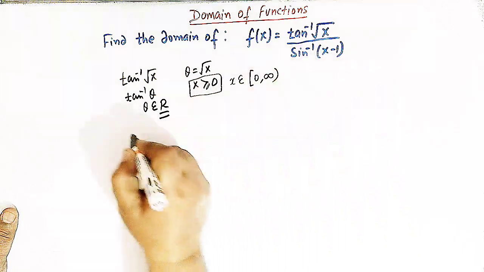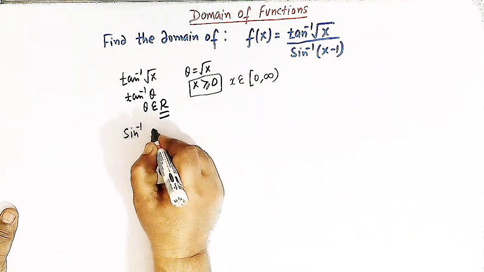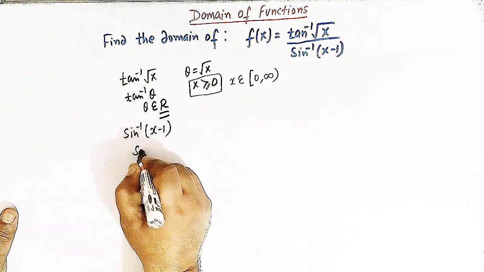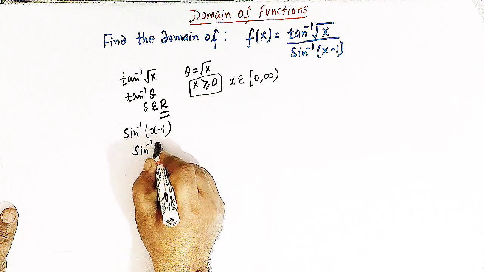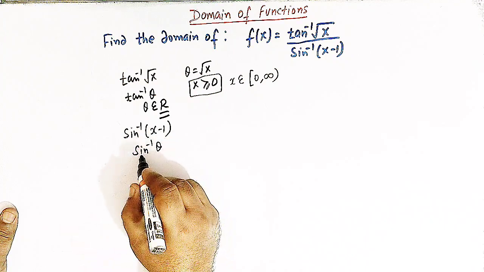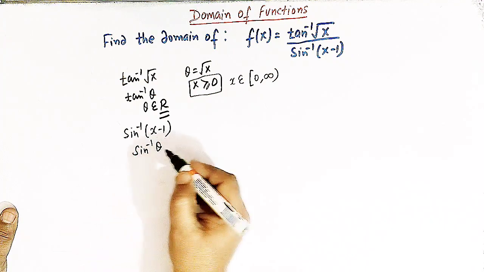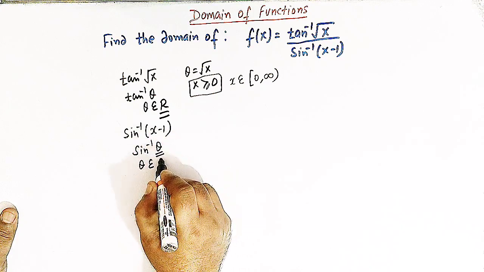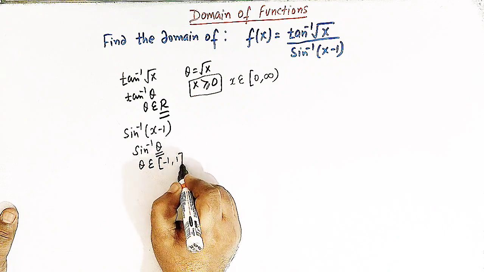Okay, now let us come to sine inverse x minus 1. Now let us consider the function that is sine inverse theta. Now, when we have sine inverse theta, then this theta must belong to the interval that is minus 1 to 1.